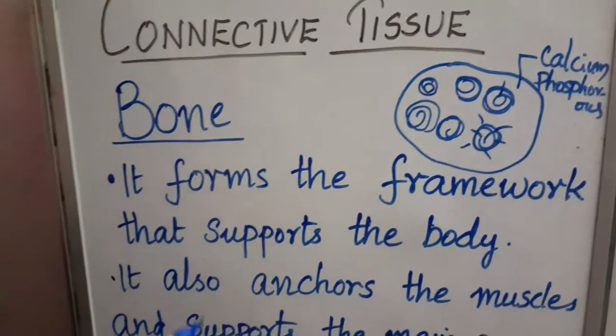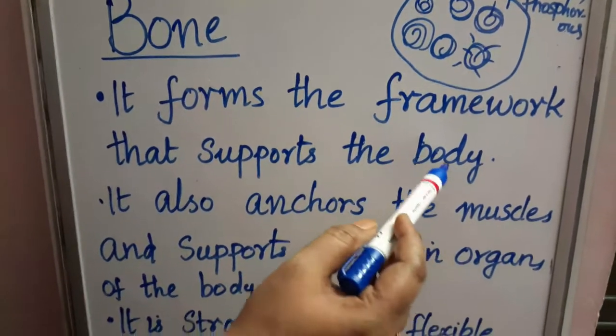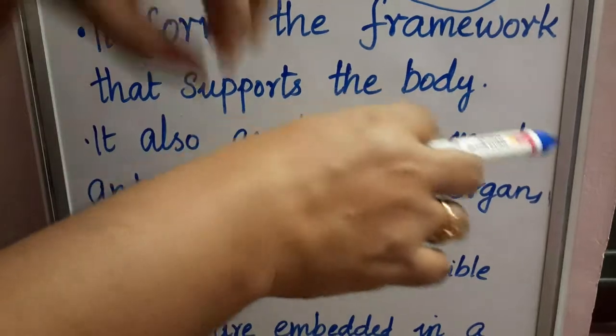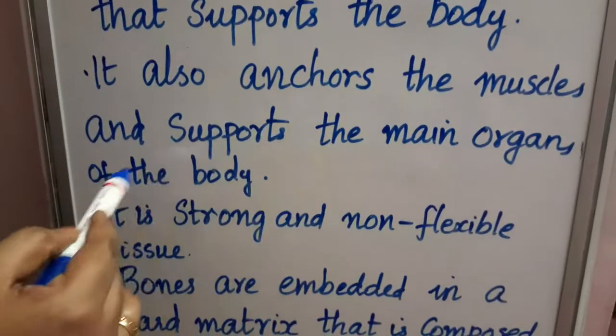So once again I will repeat the points. Bone forms the framework that supports the body. It also anchors the muscles. Anchors means muscles are attached to the bone and support the main organs of the body.